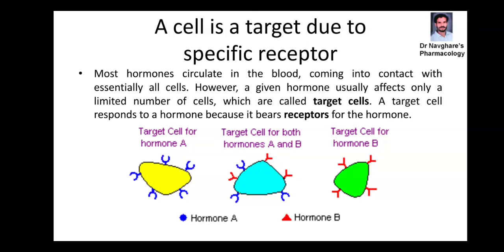So both hormones, hormone A and hormone B, have the ability to bind with the blue colored cell, as it possesses both kinds of receptors.